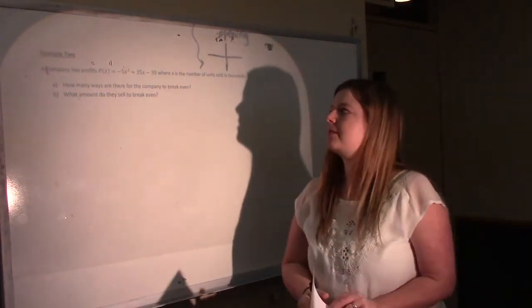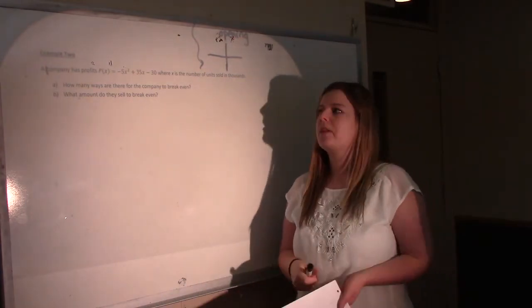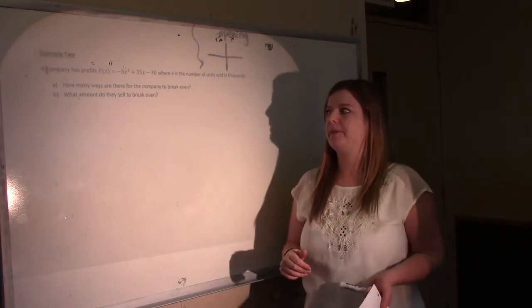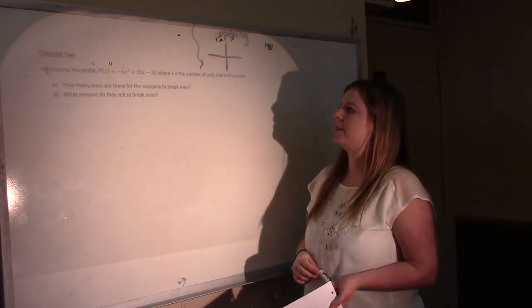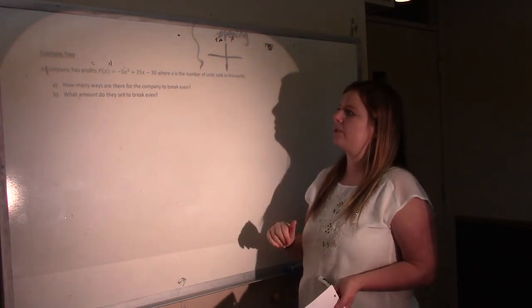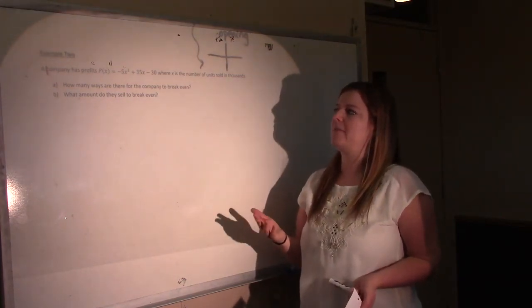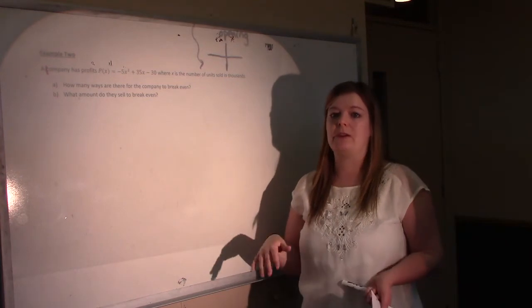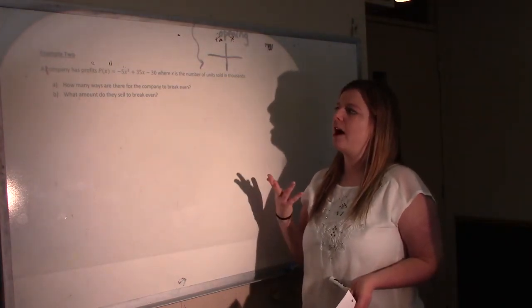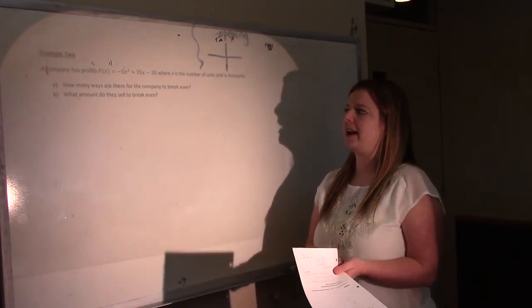Example 2 is a bit more of a realistic example. A company has profits that follow this quadratic equation, and x is the number of units sold in thousands. So if x is 1, that would be 1,000 units. If x is 2, that would be 2,000 units. How many ways are there for a company to break even?